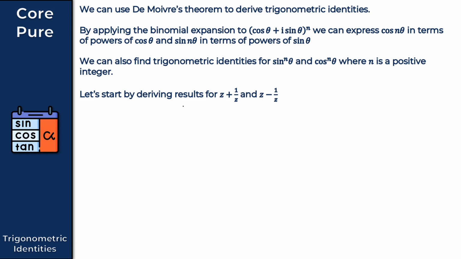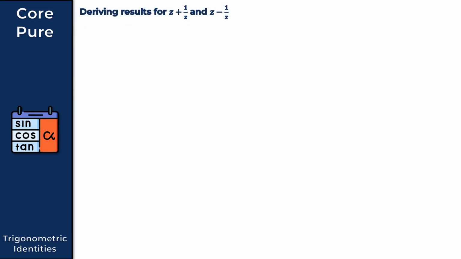So let's just start then by deriving results for z plus 1 over z and z minus 1 over z. So to begin with here, if z is equal to cos theta plus i sin theta, then in that case 1 over z, which is just the same as z to the minus 1, is equal to (cos theta plus i sin theta) all to the power of minus 1.